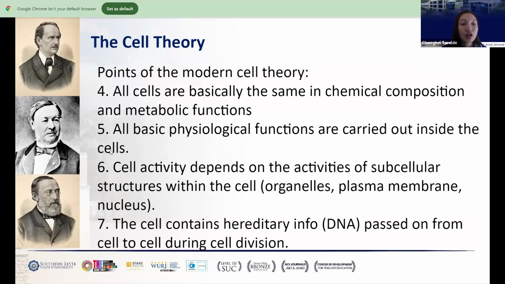And then Rudolf Virchow further improved and elaborated the cell theory and added more tenets to it. Number four, all cells are basically the same in chemical composition and metabolic functions. Meaning, what you see in one cell, you can also see in other cells, especially in their basic composition.